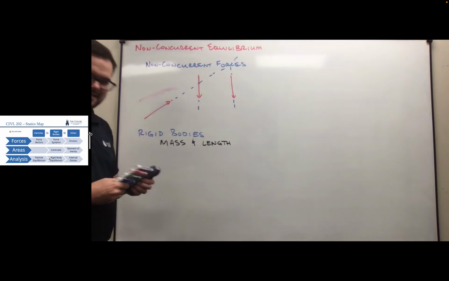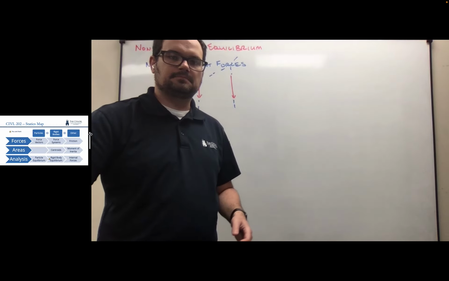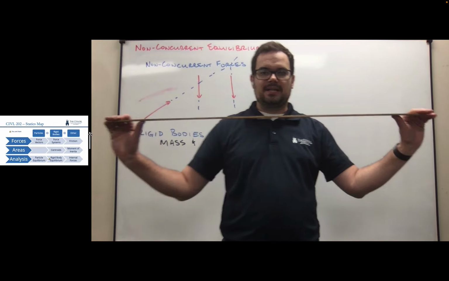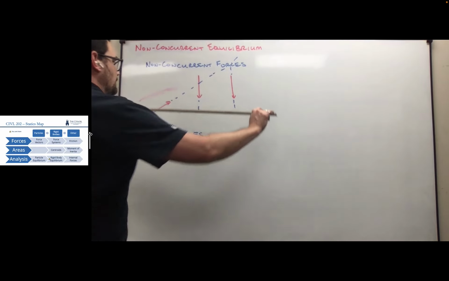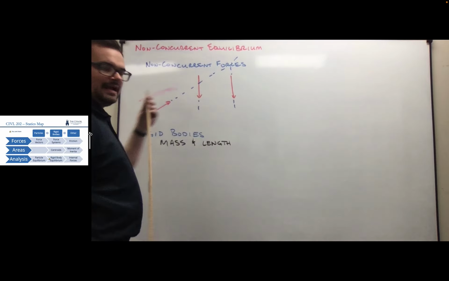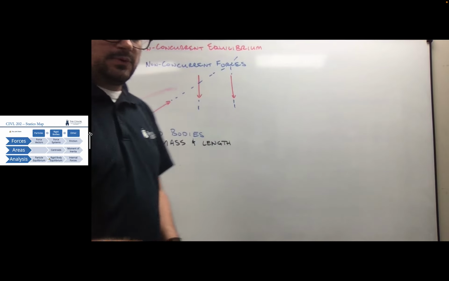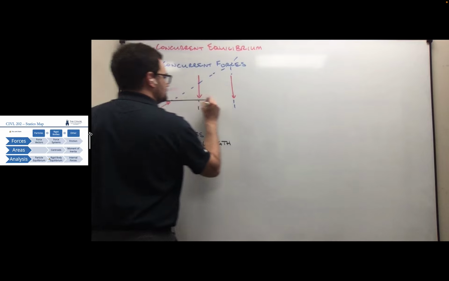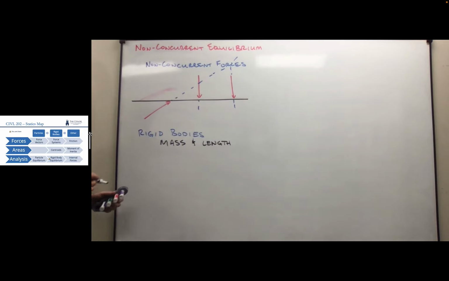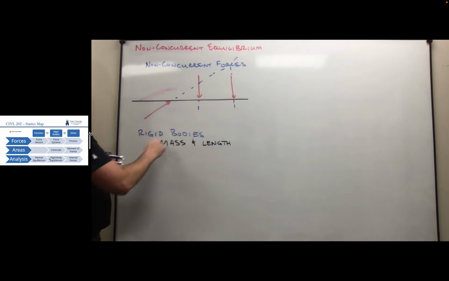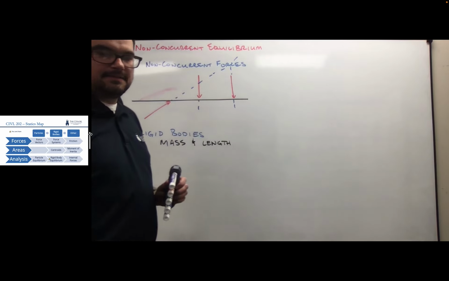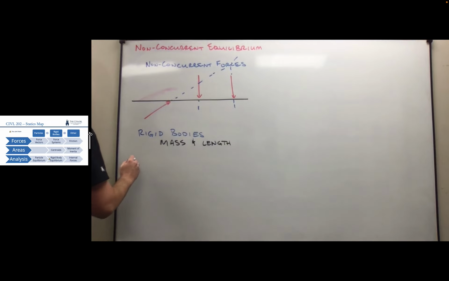So for example, I can take something like a meter stick, which is not actually rigid, so I can flex this body, but I could put it up here and I could model it as a rigid body with these forces acting on it. Like so. So then I could have my rigid body there with mass and length and a non-concurrent force system acting on it.